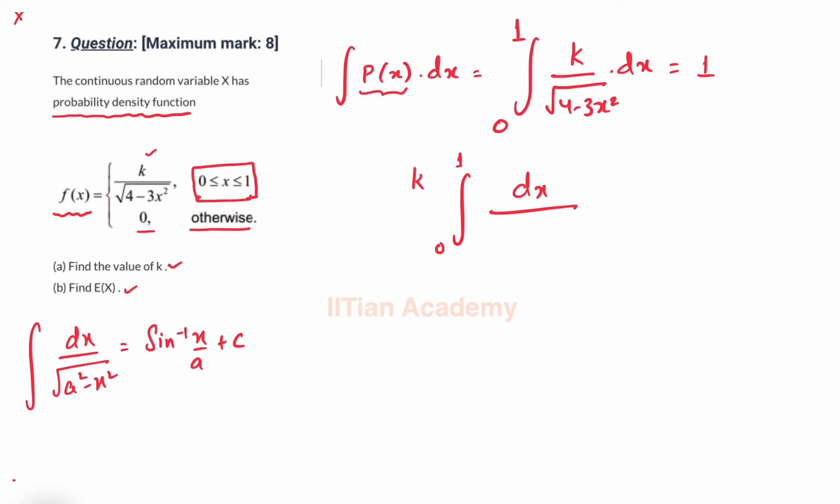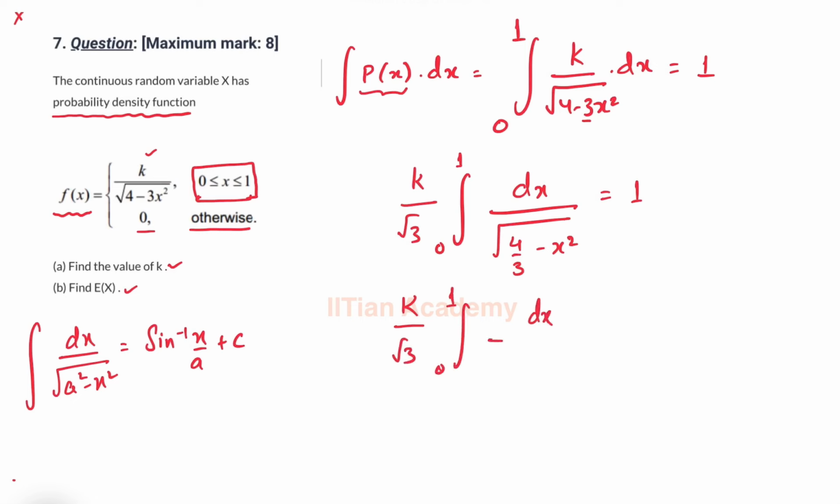Now integrating from 0 to 1, dx divided by root, I am taking this 3 outside of the root, so this will be k divided by root 3, and what I will be left with is 4 by 3 minus x square, this equals to 1.